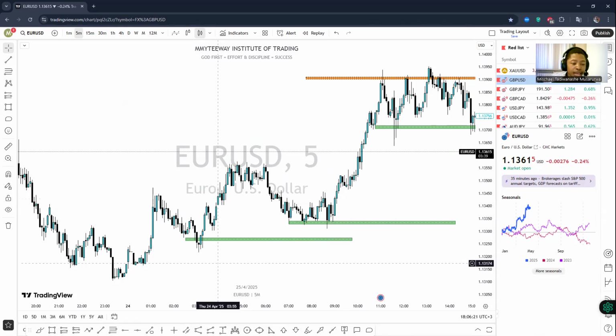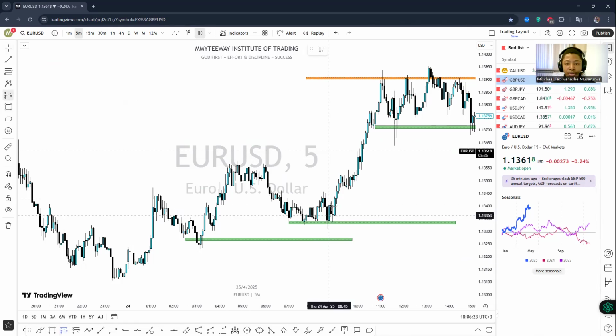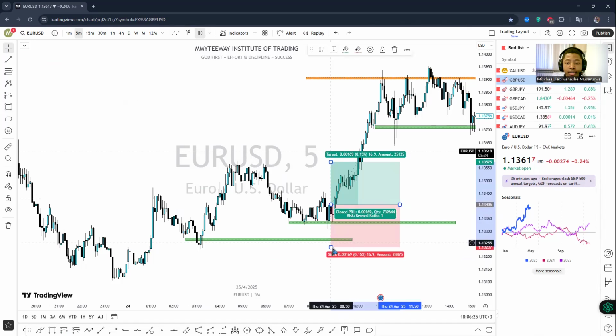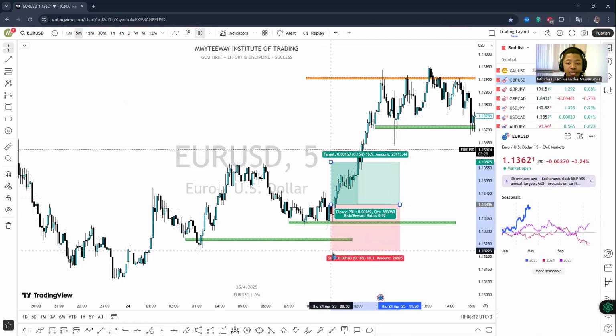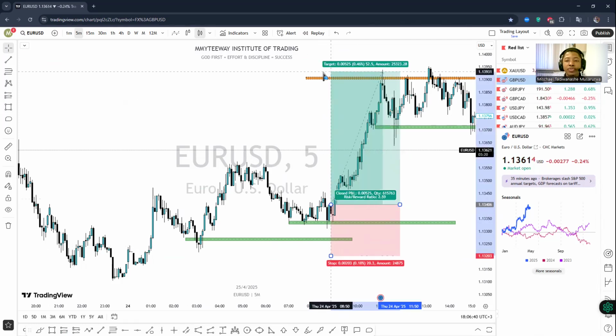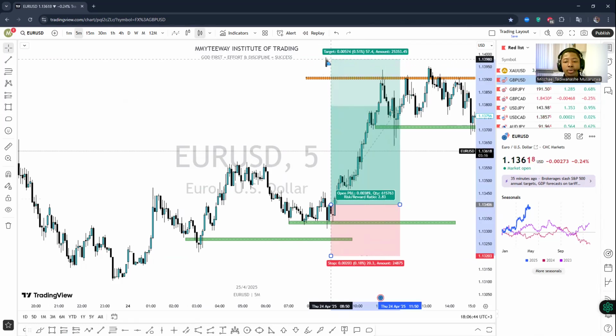So either you could enter at this position, right, with a 20 pips stop loss. We are just using 20 for the video, for average, right? 20 pips stop loss and a take profit of 60 pips, right?